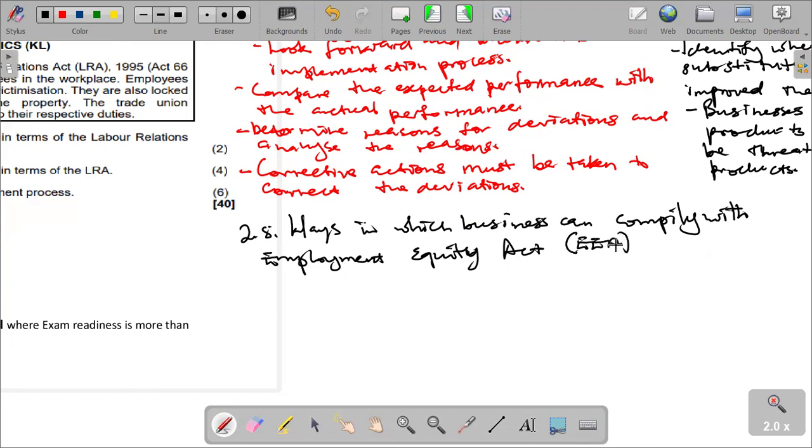How do businesses comply with Employment Equity Act? Ways through which businesses can comply with Employment Equity Act.